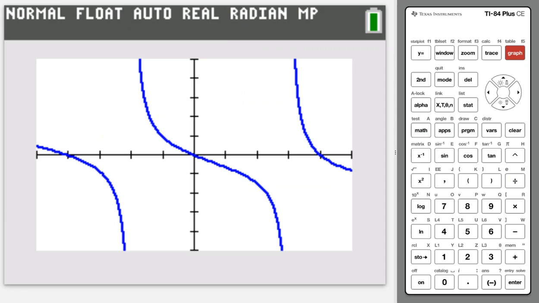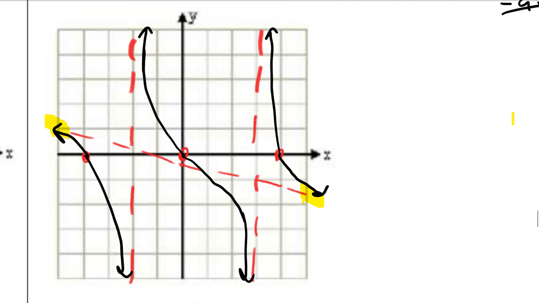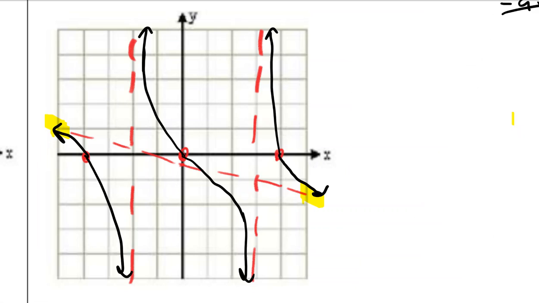Okay, so there's their graph. Here's my graph. And those look pretty good. So, again, that doesn't give you 100% confidence that everything above was correct. Like your domain could still be written incorrectly. There could have been a hole and the calculator's just not showing it. But if your graph looks the same, then most of it should be fine.